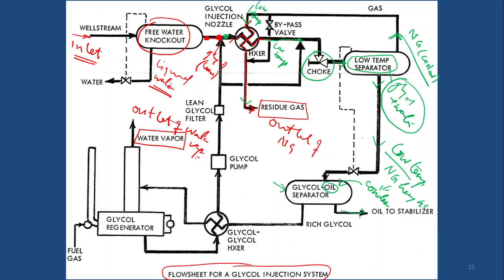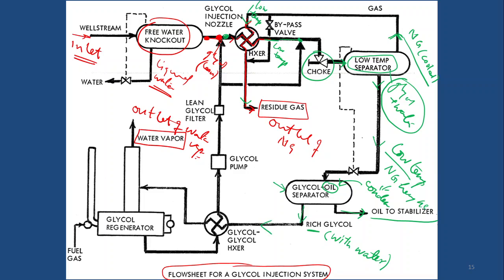Oil is taken out from this separator and sent to the stabilizer, and the remaining is rich glycol. Rich means with water. This rich glycol is being sent into the next phase, where we can separate out the glycol.